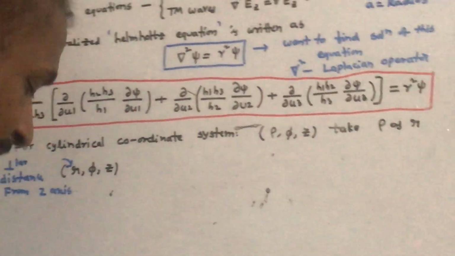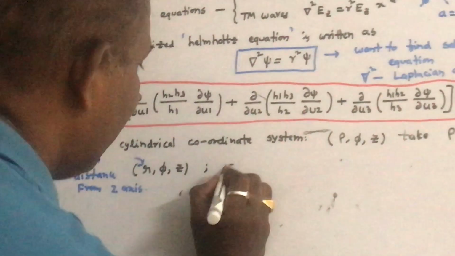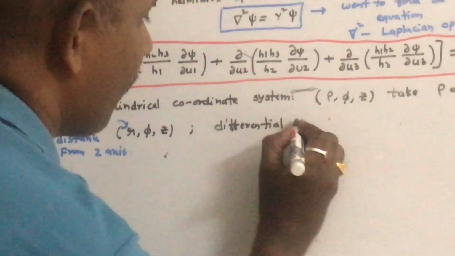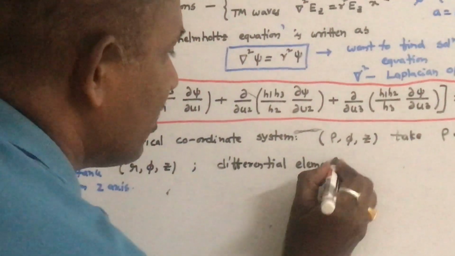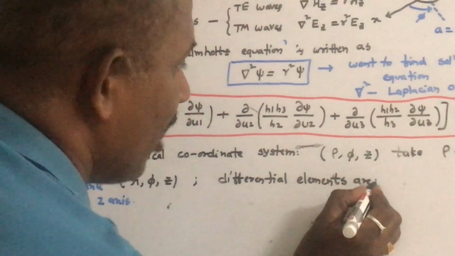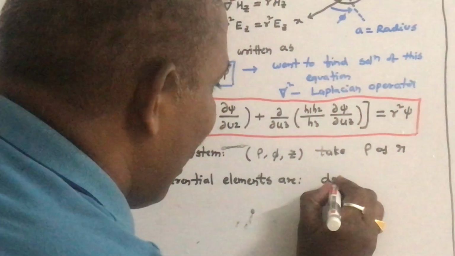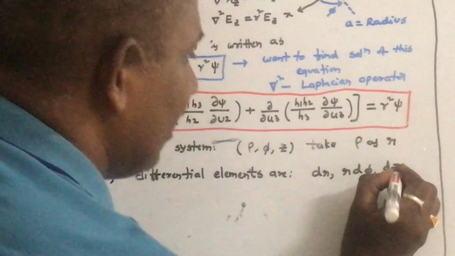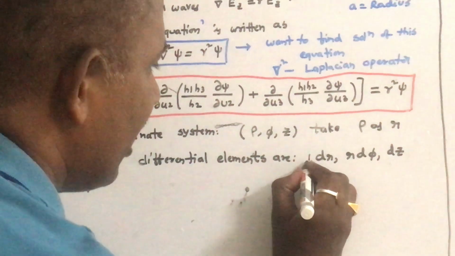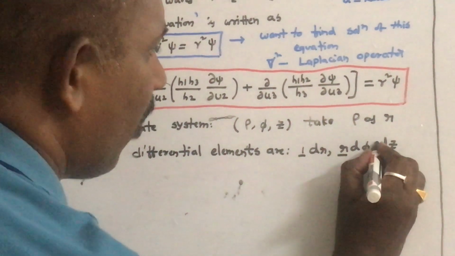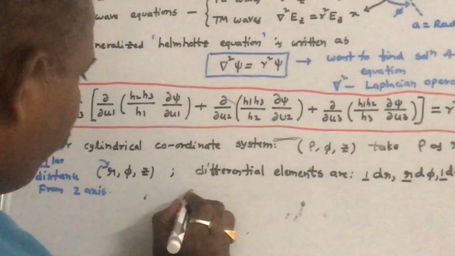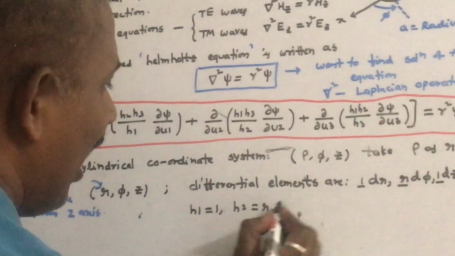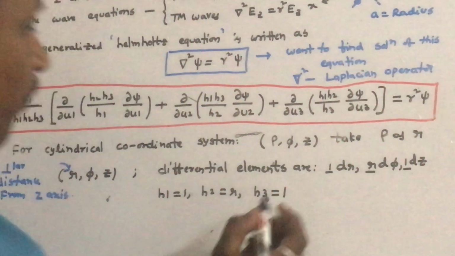Now the differential elements, as you know, are d rho, that is dr, rho d phi, that is r d phi, and dz. So from these differential elements you can see h1 is equal to 1, h2 is equal to r, h3 is equal to 1.